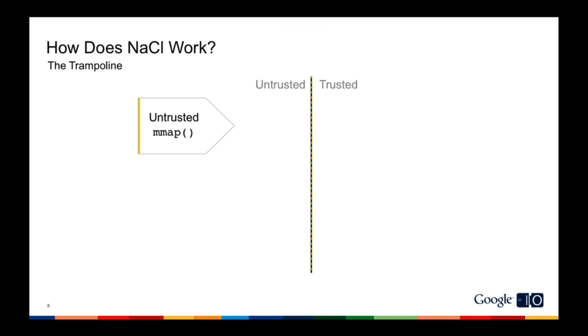You can make system calls, and we have this idea of a trampoline. So in your native client code that's built with a special tool chain, it's all validated. Let's say you want to call mmap. First, that gets bundled up with its parameters and pushed through a trampoline into what we call the trusted code, which is our sandbox, our NACL runtime that's built into the browser.